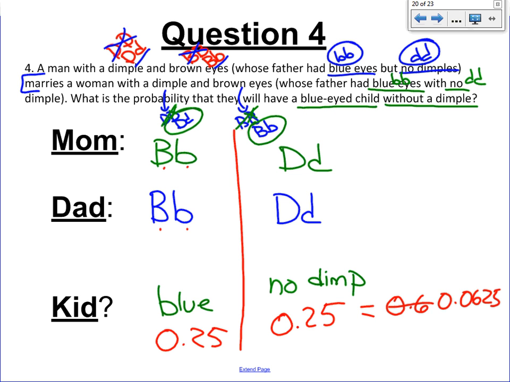We move our decimal point over 2 spots, and what we get is 6.25%, which means that a man with a dimple and brown eyes whose father had blue eyes and no dimple, and a woman with a dimple and brown eyes whose father had blue eyes and no dimple, have a 6.25% chance that they'll have a blue-eyed child without a dimple.